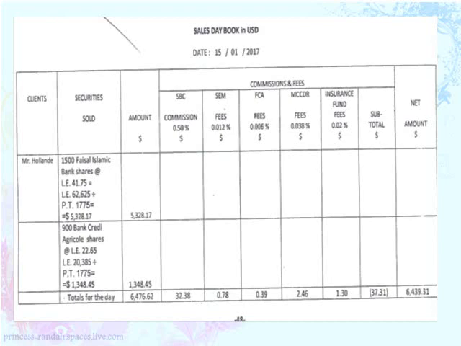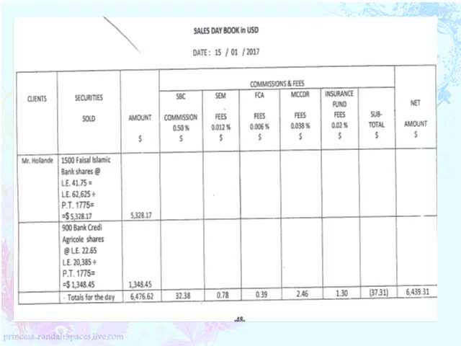The total gross amount of the sales of the two securities is 6,476.62. Based on this total, we also calculate the SBC commission, the SEM fees, the FCA fees, the MCDR fees, and the insurance fund fees. And finally, we add all these together.